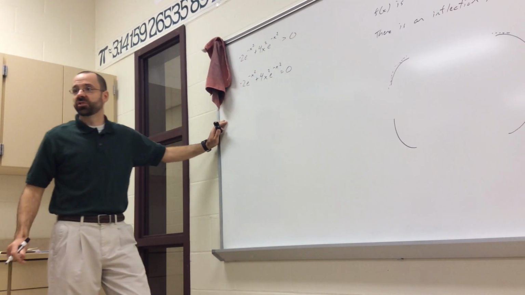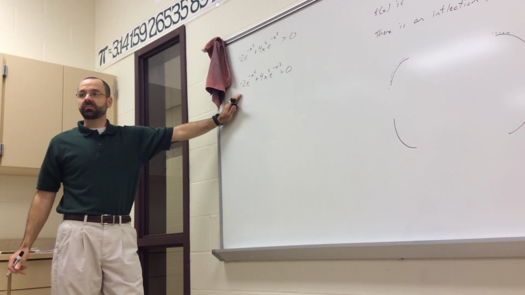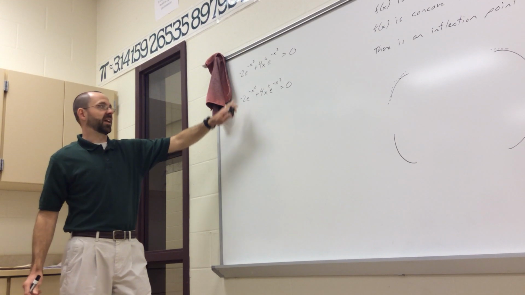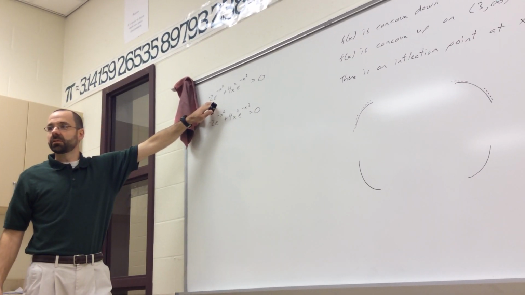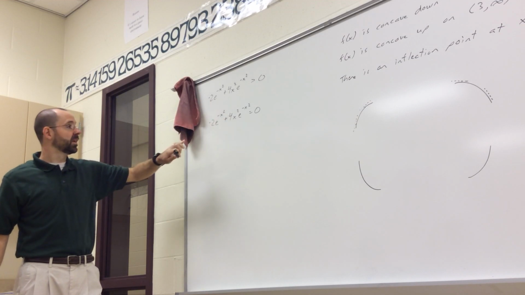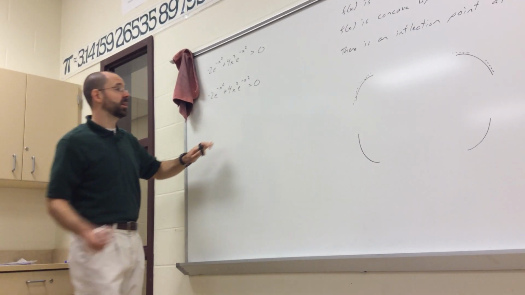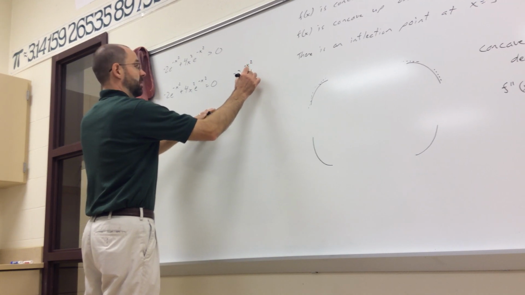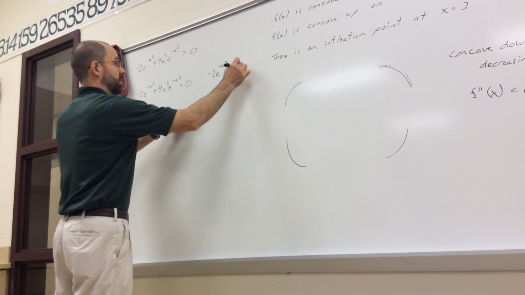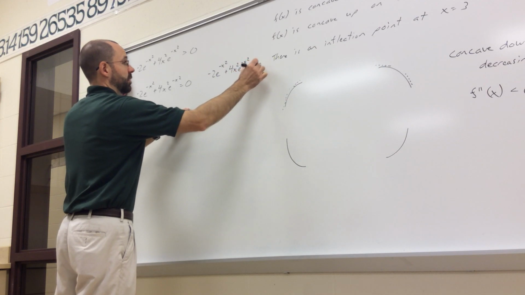Thank you very much. I appreciate it. I just transferred a +2 over here that should have been negative. All right, cool. So I got to figure out when that equals 0, and I've also got to figure out when that is undefined.